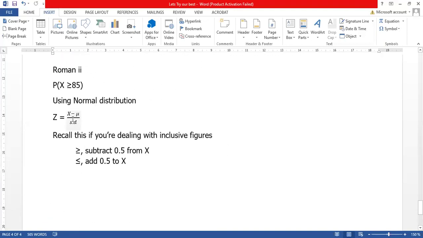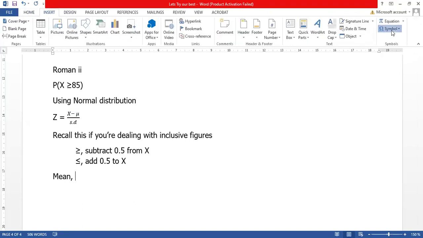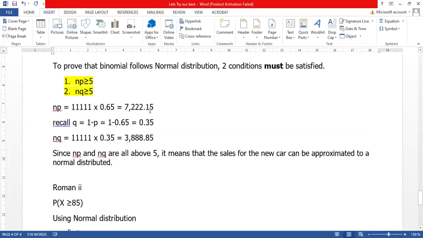X is the value you want to standardize. So do you have mean? Do you have standard deviation? Mean, or what we call mu, is equal to NP, and already we have that, I think, from here.